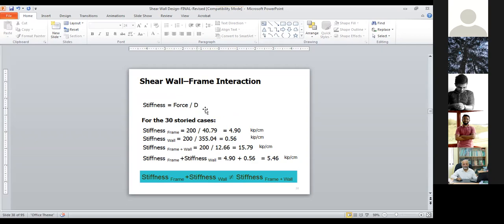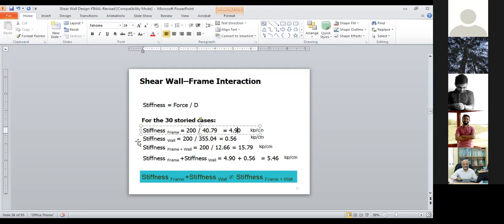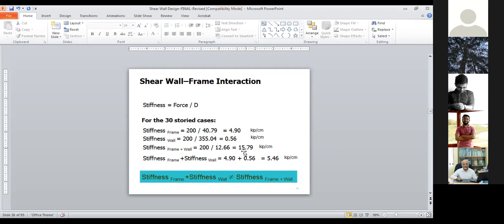They tried to calculate the stiffness of the structure using the total force divided by deformation. For the 30-story cases, the stiffness for the wall is 0.56 kip per centimeter, the stiffness for the frame is 4.9, and for frame and wall together 15.79. So you can see that the stiffness of the frame plus the stiffness of the wall is only 5.46 if you add them, but the stiffness of the frame and wall combined becomes very large.